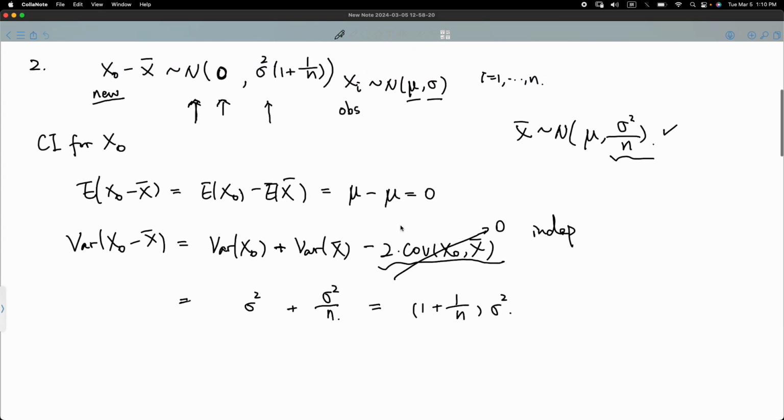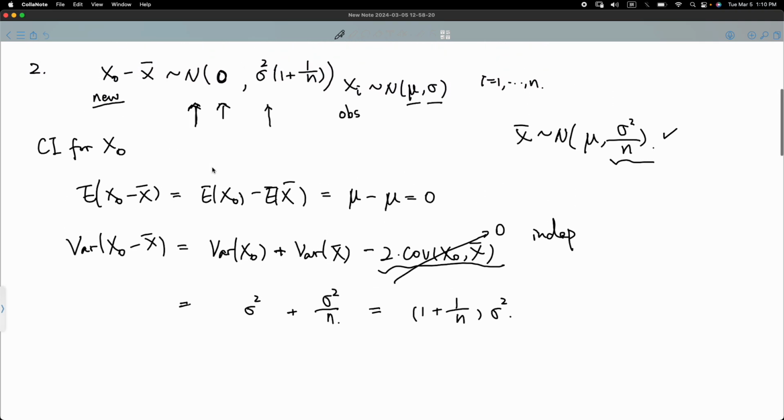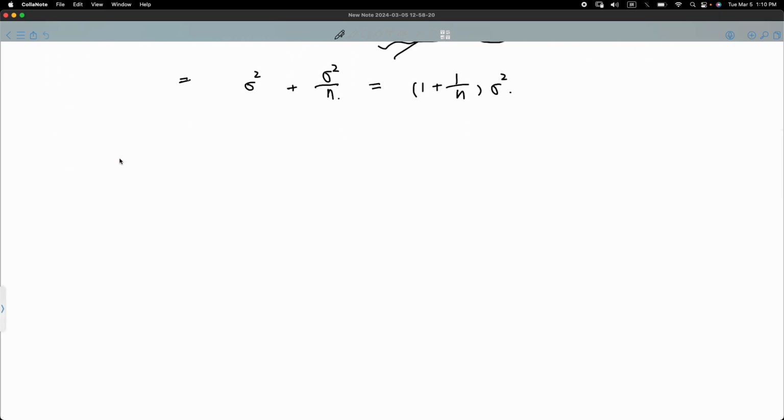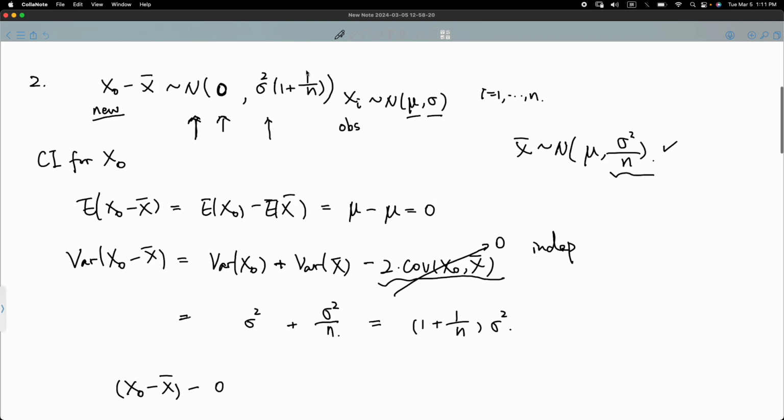Okay, so once we have the distribution of the difference, now we can start to think about how to construct the confidence interval. First of all, we need to standardize this general normal. We can do so by centering the mean, which is the 0 of this distribution.